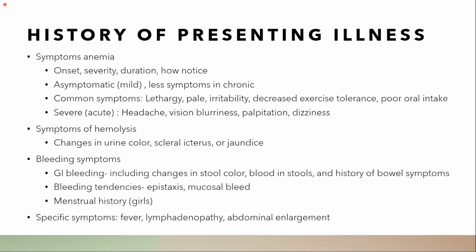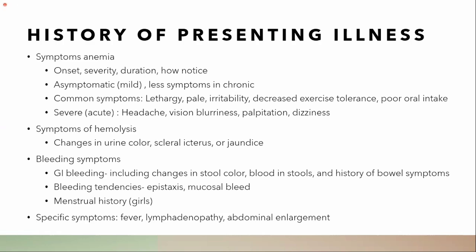So common symptoms of anemia can be lethargy, pallor, irritability, such as in infants, decreased exercise tolerance and poor oral intake. In severe anemia, like acute blood loss, for example, they can have headache, visual blurriness, palpitation, and also dizziness.